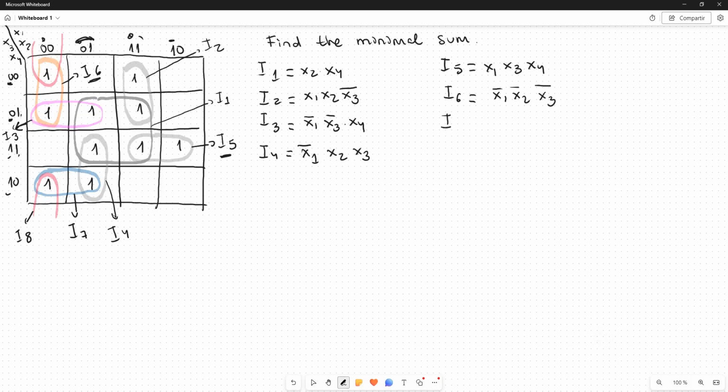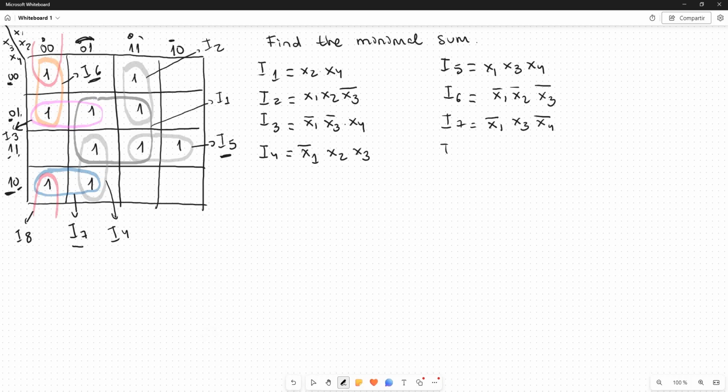Implicant 7 is this one, so we have that in the columns x1 negated, that doesn't change, and in the rows x3 non-negated because it's 1, and x4 negated because it's 0.